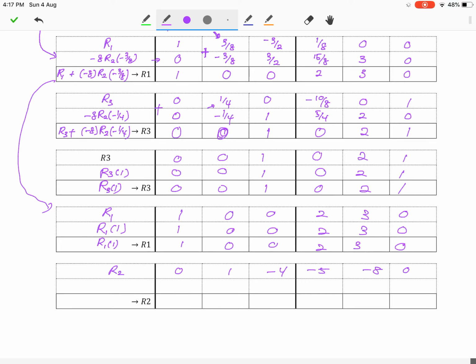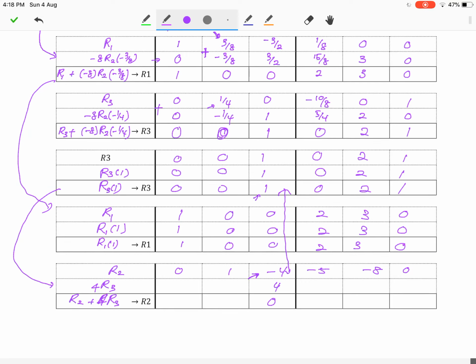Alright. So I want this negative 4 to be 0, which I can do with 4, but the 4 must come from this one. Because R3 is currently 1 along the same column, I can say 4 times R3. So I can do R2 plus 4 R3, which will give me 0 here.